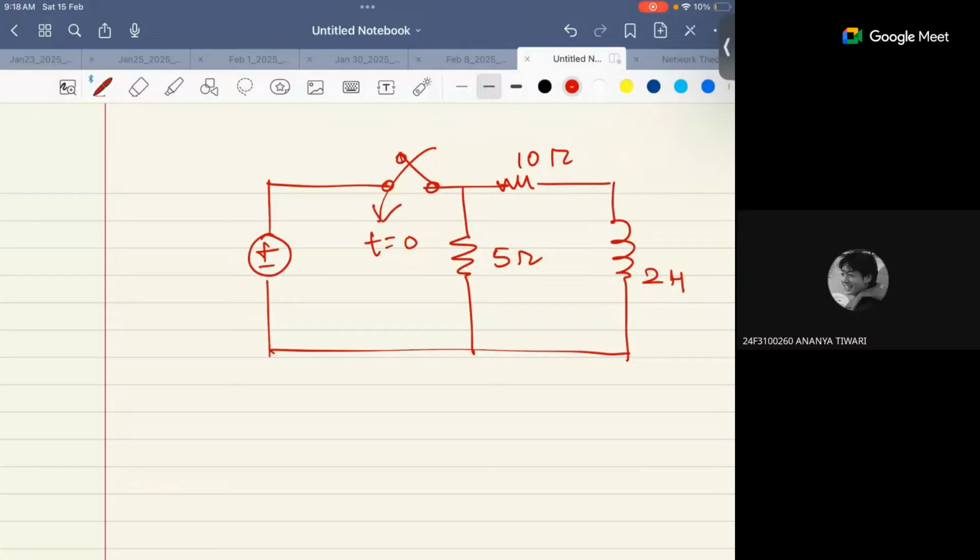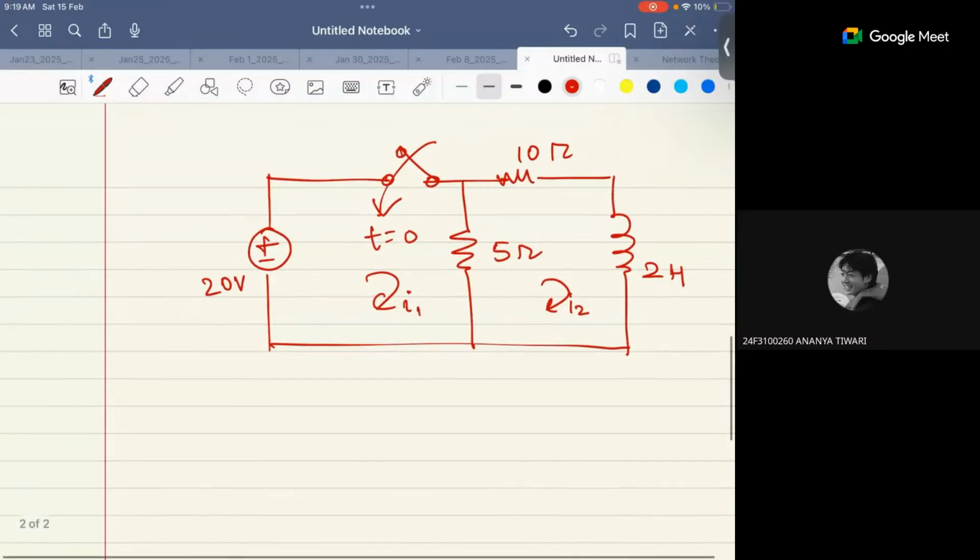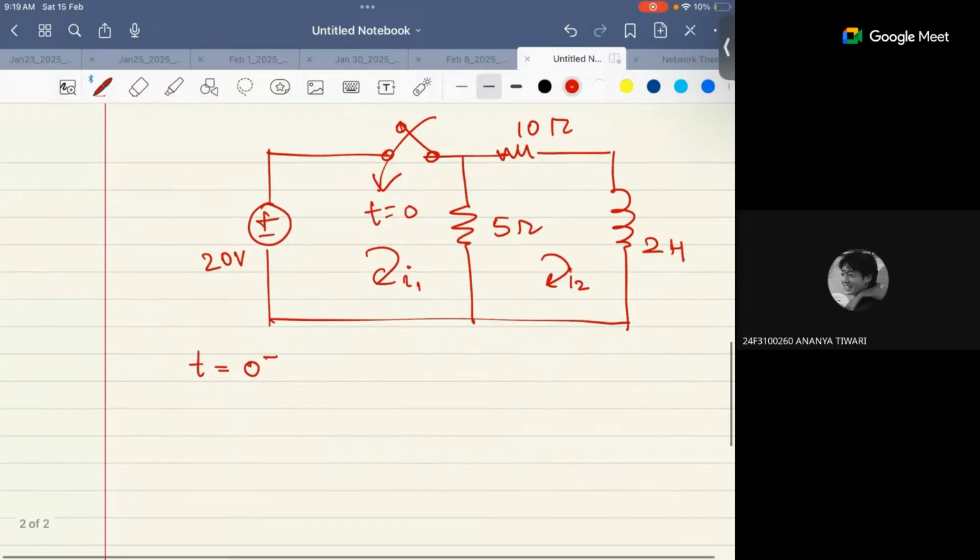It goes like this. This is 20 volt. Let's say this current is I1 and this is I2. Now, if you have to analyze the circuit at t equals 0 minus, how will you analyze the circuit?